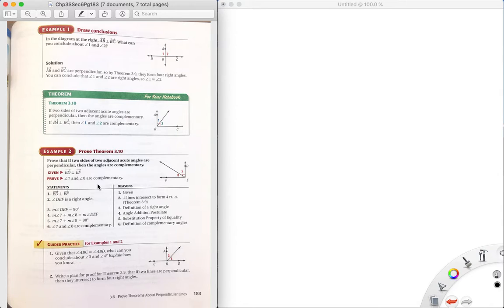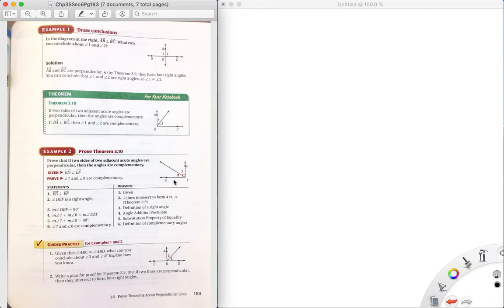And here's the proof, and it's a 6-step proof. And they tell me here that ED is perpendicular to EF. First step. If I know that, then I know that DEF is a right angle because you can use two definitions here. You can use the definition of perpendicular lines, or since they're trying to get you to use Theorem 3.9, you can say perpendicular lines intersect to form 4 right angles.